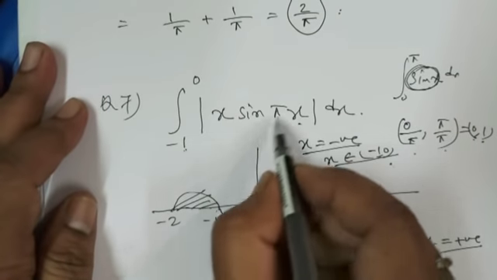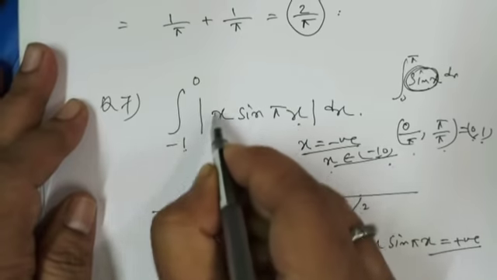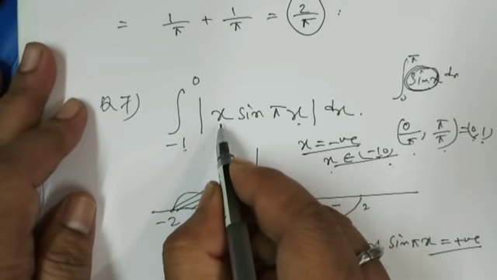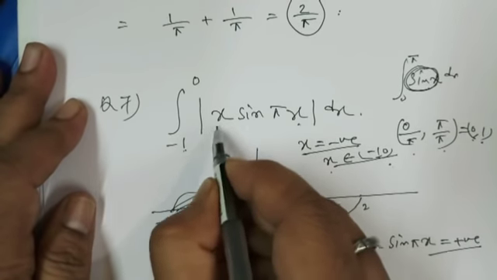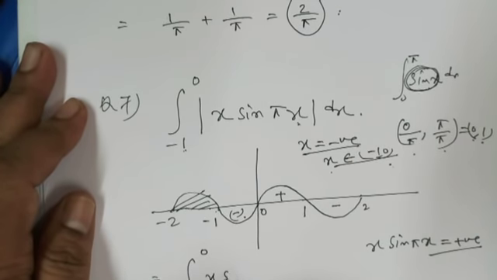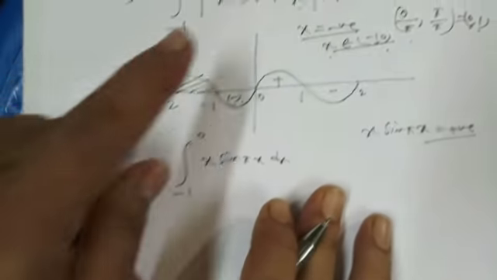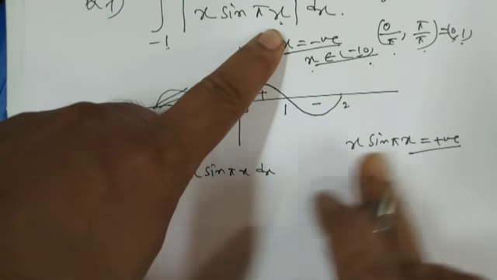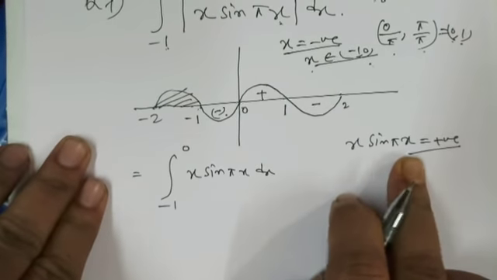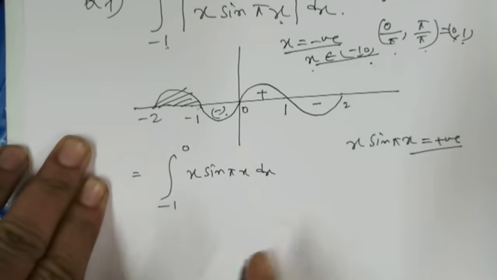So inside the modulus function, when it is positive, the function stays as it is, that is integral -1 to 0 of x sin pi x dx. In the modulus function x sin pi x is positive, so mod of x sin pi x is as it is, that is x sin pi x.